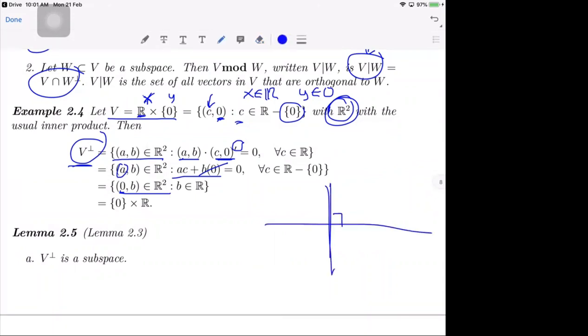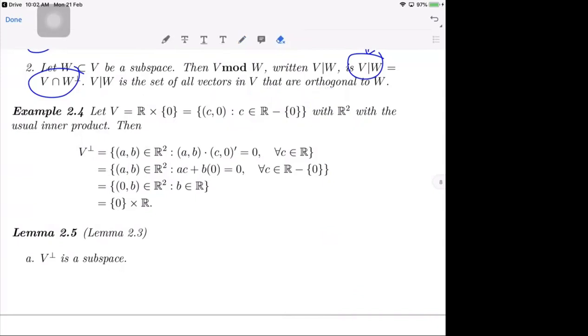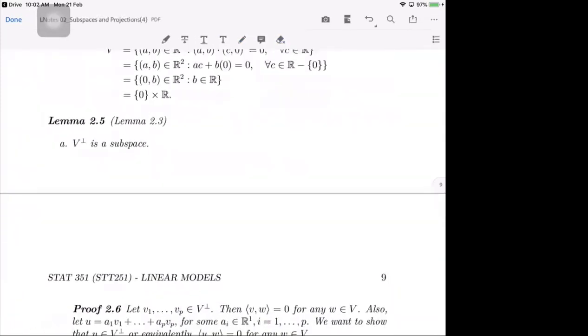So this is the line, or the set of all points, which is perpendicular to V. So if this is V, this is V perp. Okay, so that is an example. Higher dimensions will be difficult to imagine, so it is just one-dimensional or two-dimensional.